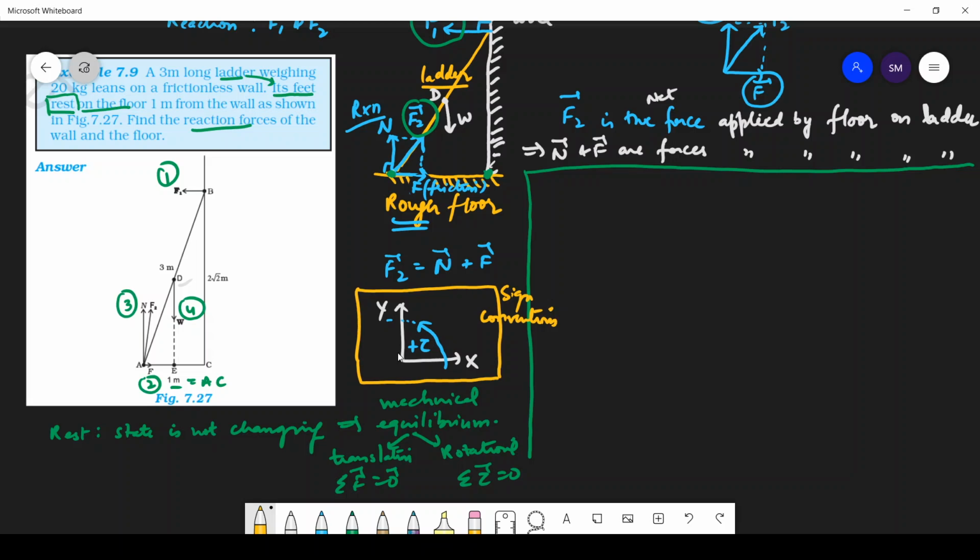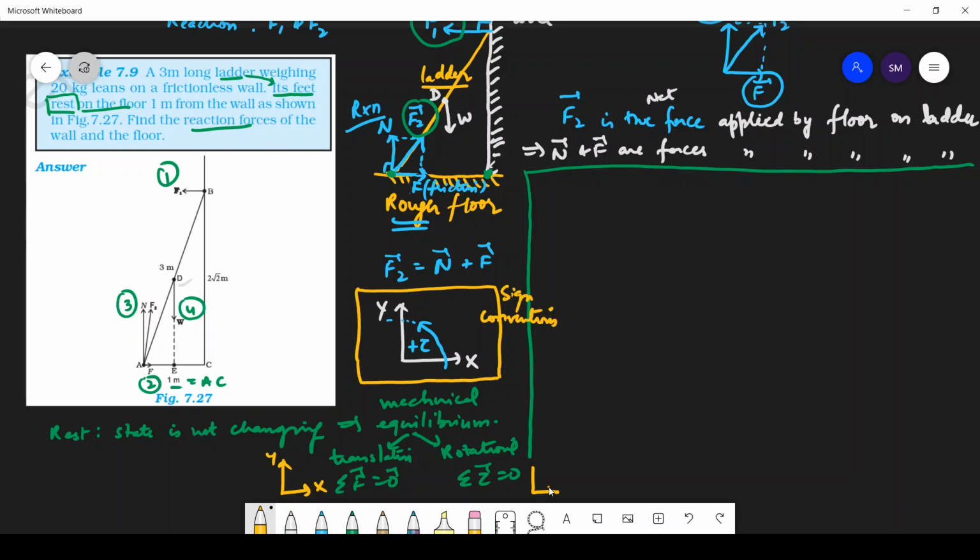That we are taking. So for translational force, we are taking this sign convention, this x. If the force is horizontal, towards the right-hand side, we'll take it as positive, towards the left-hand side we'll take it as negative. Upward force positive, downward force negative. For tau, there can only be two directions, clockwise or anti-clockwise.